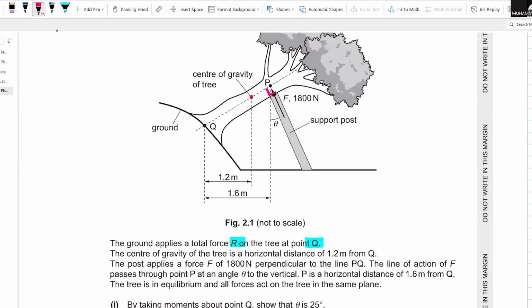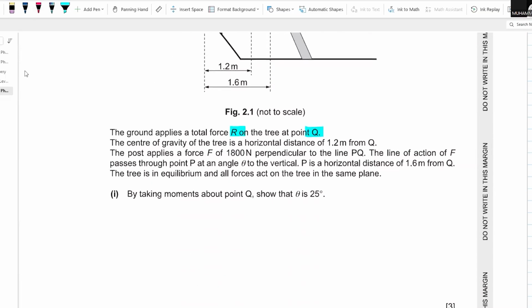P is a horizontal distance of 1.6 meters from Q. The tree is in equilibrium. What does equilibrium mean? Equilibrium means the anti-clockwise moment is equal to the clockwise moment, and secondly, the resultant force will be equal to 0. By taking moments about Q, show that theta is 25 degrees.